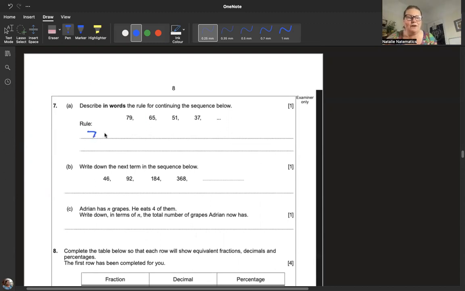If I do 79 take away 65, I get an answer of 14. So I've got 14, and that's the number that's been taken off. So 79 take away 14 is 65.